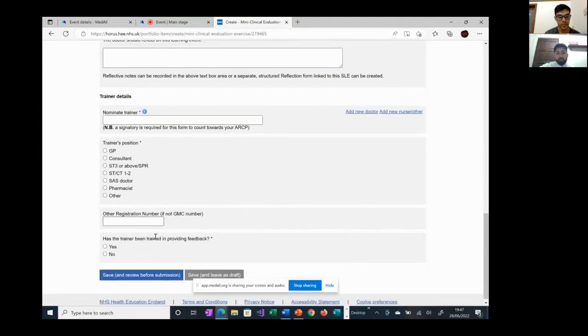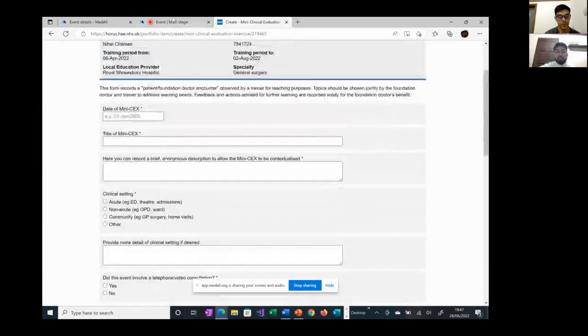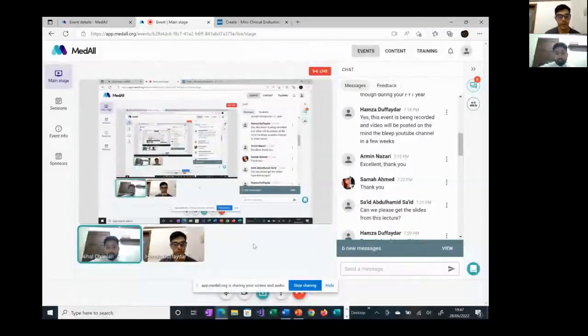If they are trained in providing feedback, their email will come up and it will send them an email automatically. So they have to reply via email. It's not something that's done on paper format. It's done via email. Everything is done via email. It's also good just to send them a reminder or remind them in person, because a lot of the time the supervisors will get a lot of email and they might forget about signing it.